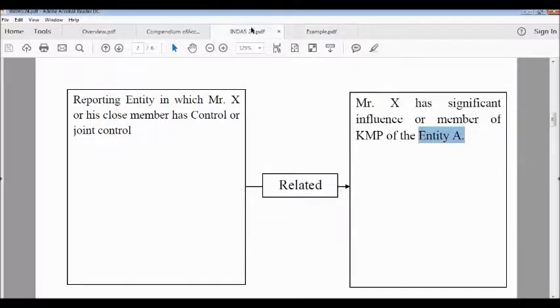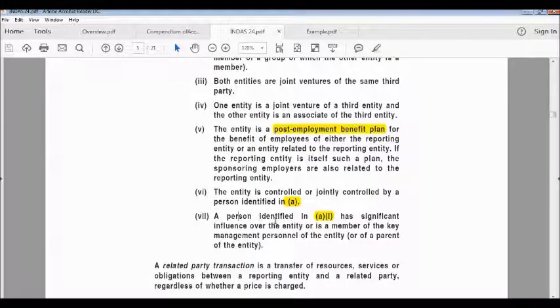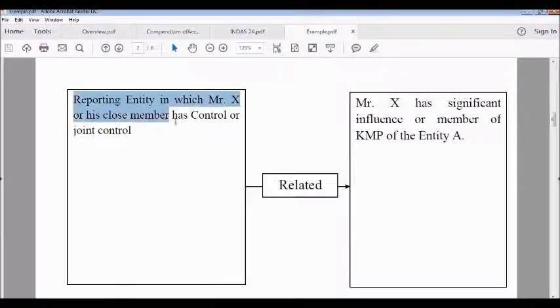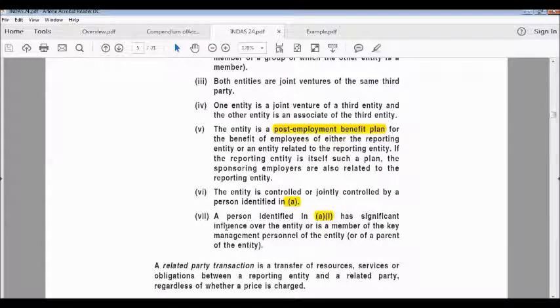That clause is saying a person identified in A1, who has control or joint control, has significant influence over the entity or is a member of the key management personnel of the entity.